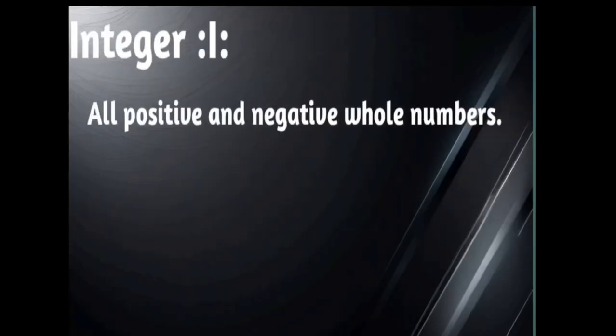The next one is integers, all positive and negative whole numbers. We already know that whole numbers start from 0, and 1, 2, 3. These are the whole numbers, right? Integers means all positive and negative numbers.